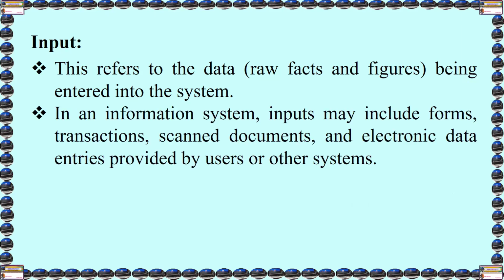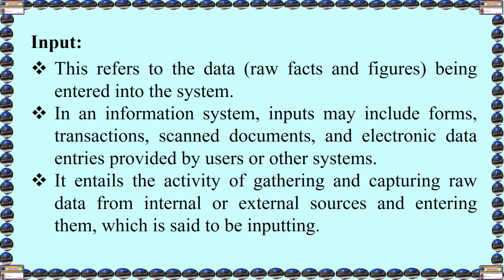In an information system, inputs may include forms, transactions, scanned documents, and electronic data entries provided by the users or other systems. It entails the activity of gathering and capturing raw data from internal or external sources and entering them, which is said to be inputting. And therefore, inputting is a process of entering data into the system for processing or also for storage.